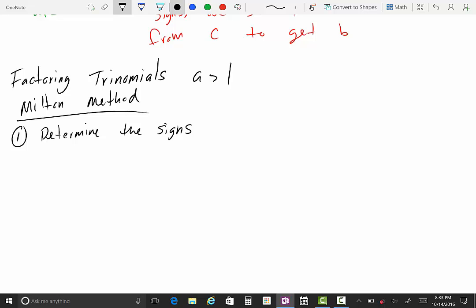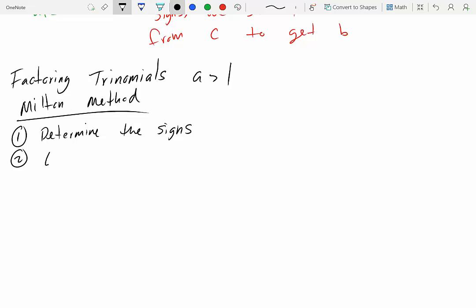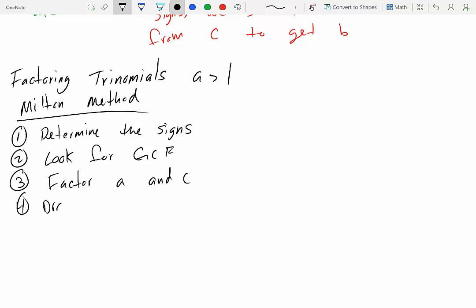So after we determine the signs, just like before, we want to look for a greatest common factor. Our third step doesn't change. We want to factor A and C. Now this is where it gets a little different. Our fourth step, we want to draw an X, a pretty big X, and you'll see how big.